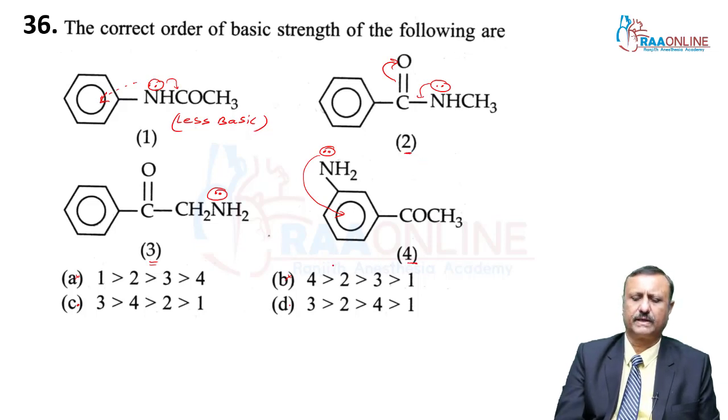Here, my dear students, in the fourth, these electrons go into the ring, and because the CO group is also present, this oxygen atom also gives its lone pair electron to the carbon atom. So these electrons first come with this NH2 group. So you can go with answer C, because the fourth is more basic than the second.